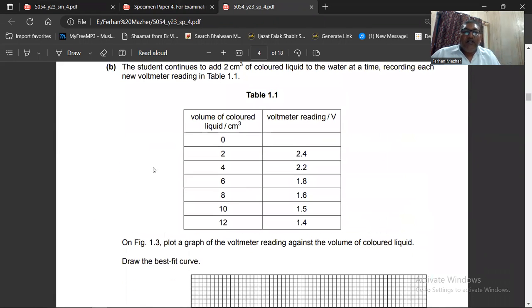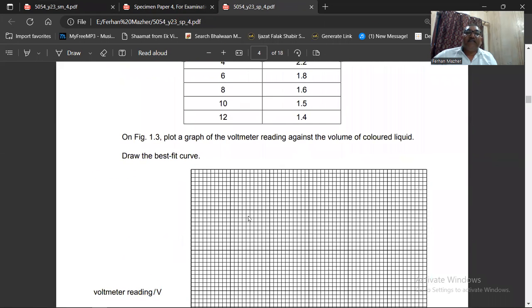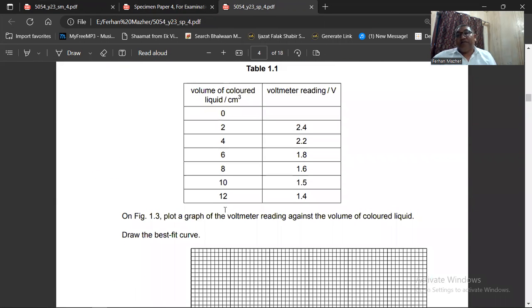Here we have 3.2. V, the volume, is on the x-axis, going from 0 to 12. The x-axis is already graduated and labeled. The y-axis is the voltmeter reading in volts. This is 3.2. The smallest reading is 1.4.